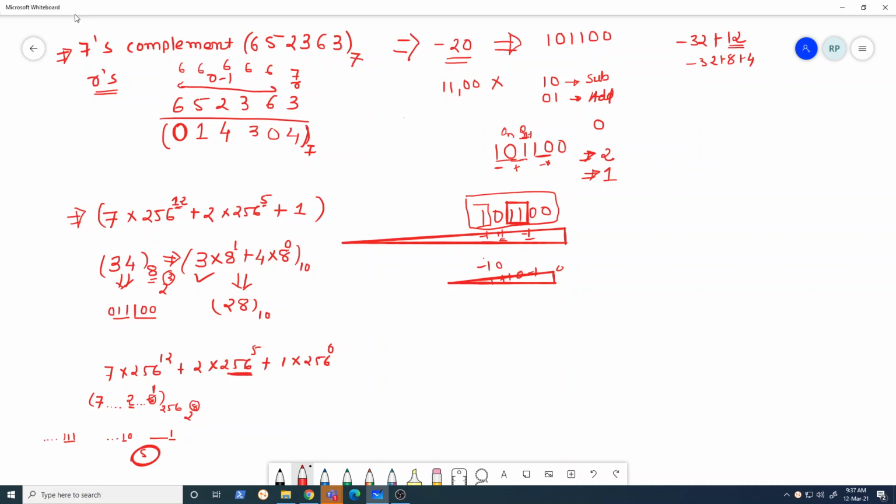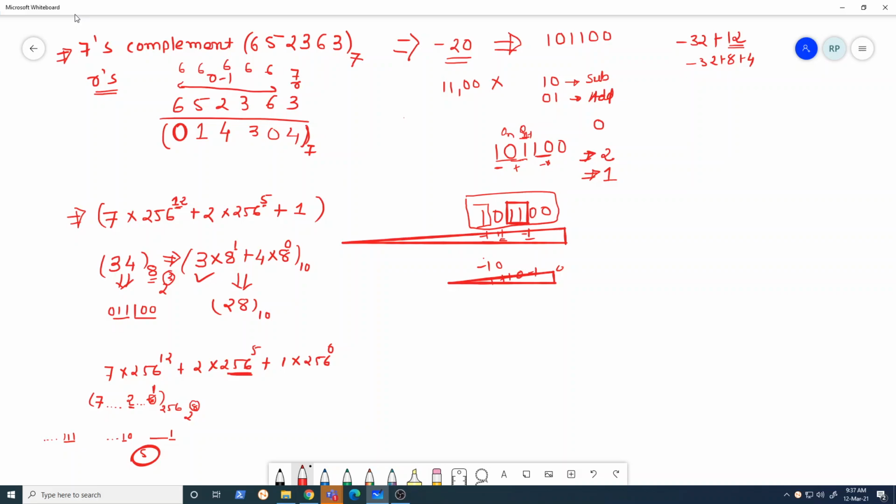Okay, then the hardware implementation of Booth multiplication uses the AC register, right? Initially that will be all 0. There is a shift operation performed in the AC register as per the algorithm. Which kind of shift operation is it?